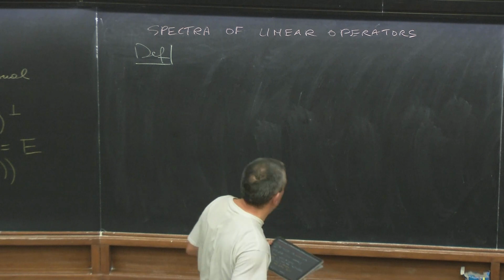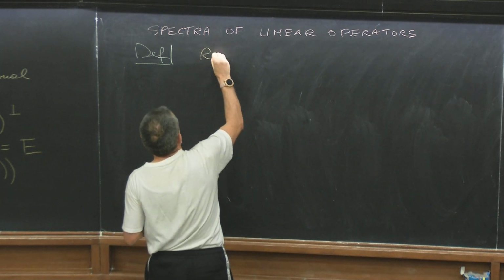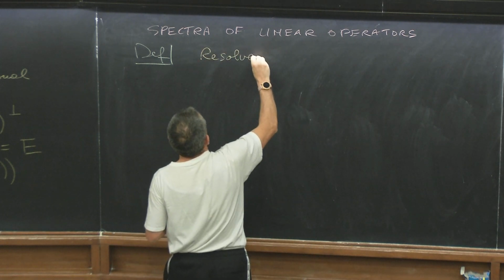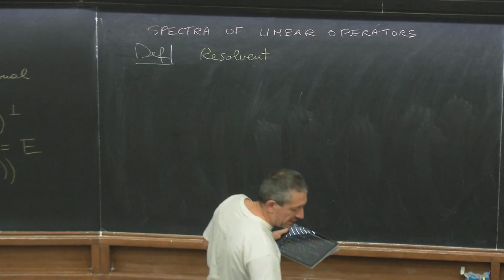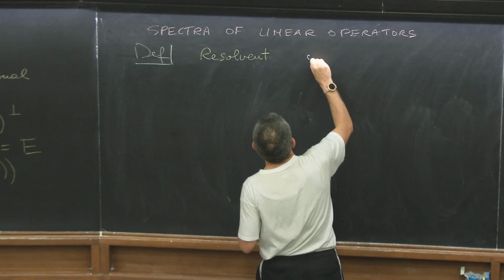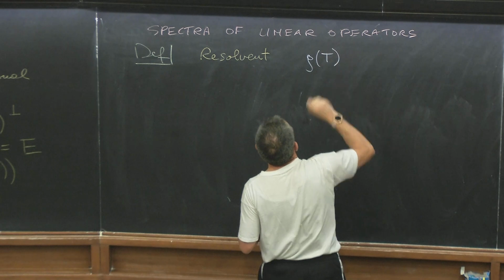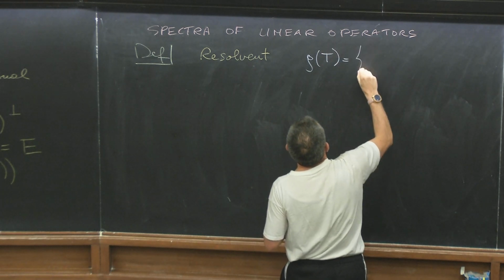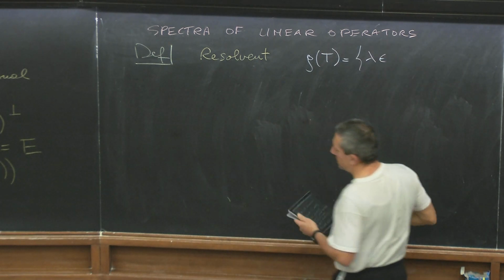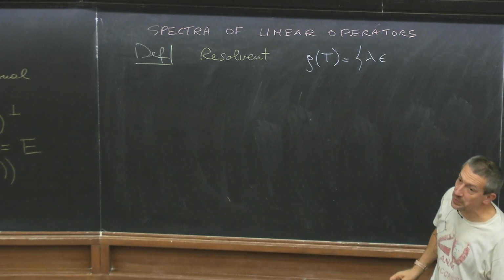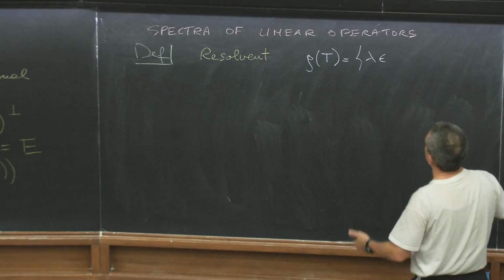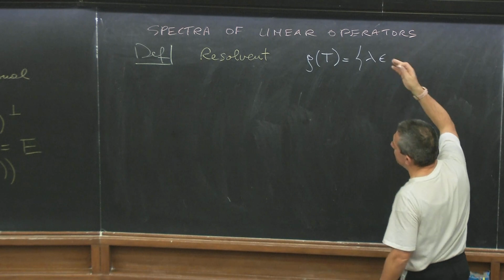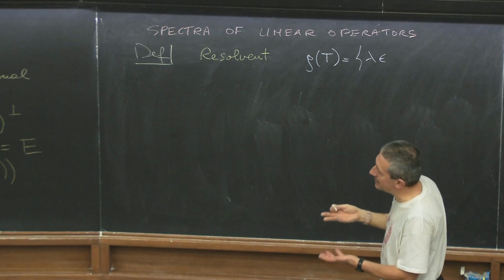What is the resolvent? The resolvent is called rho of T. So it is all the lambda, which should correctly be complex numbers. Here there is a little bit of ambiguity.